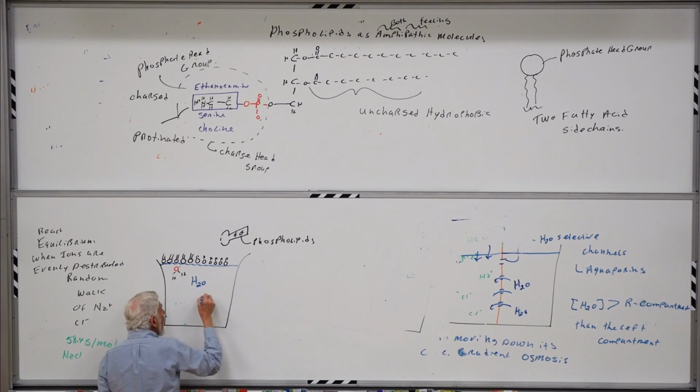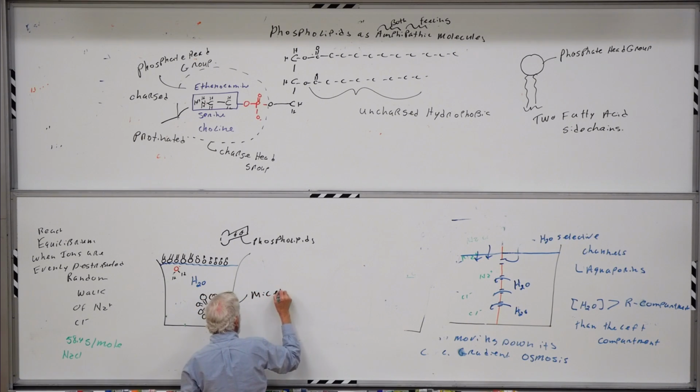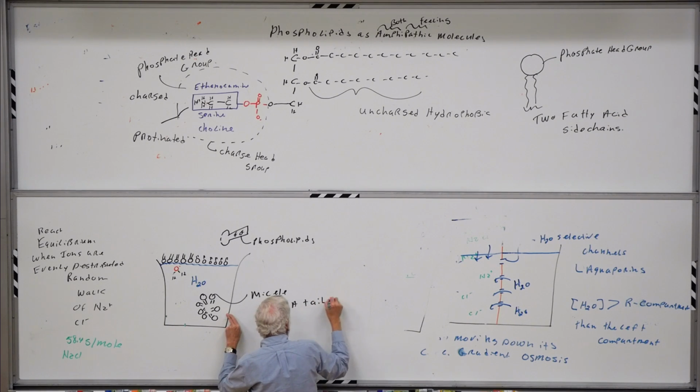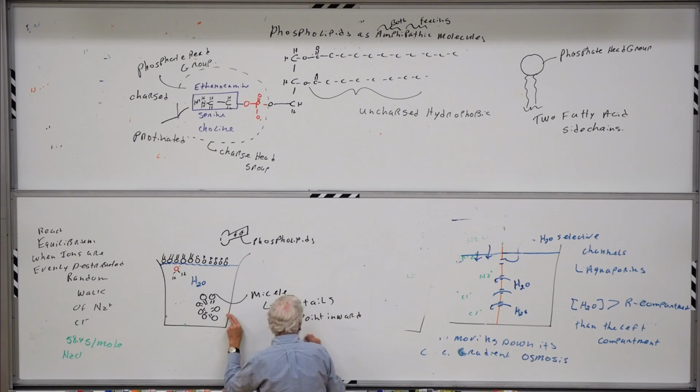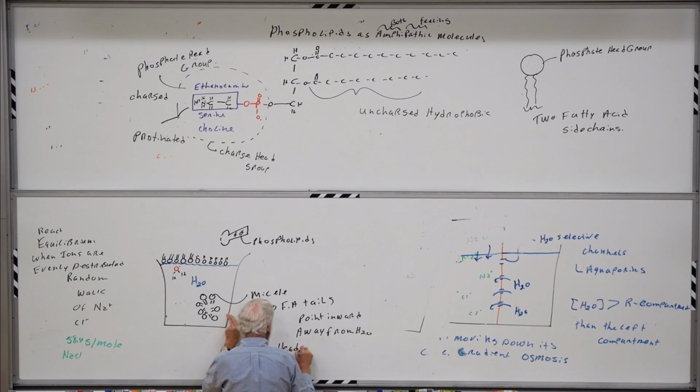Well, one way we can get a reasonably stable thermodynamic state is to form something known as a micelle. In the micelle, the tails, the fatty acid tails, point inward, away from the water. And the heads face the water.